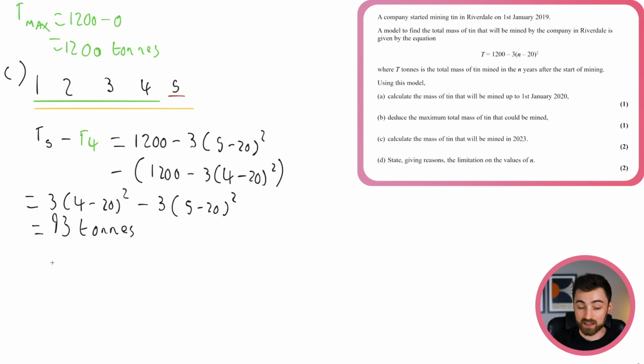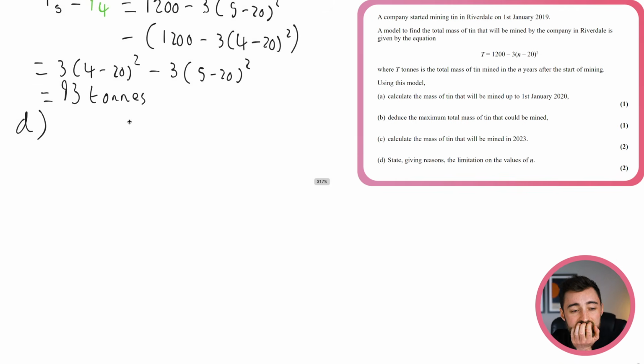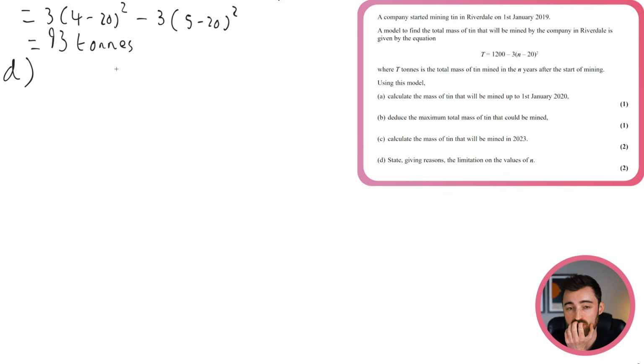And the last part, state giving reasons the limitation on the values of n. Okay, let's have a think. Look at this equation for t. It's a quadratic, and it's a negative quadratic. I don't care exactly what it looks like, but a negative quadratic is going to look like this, isn't it?